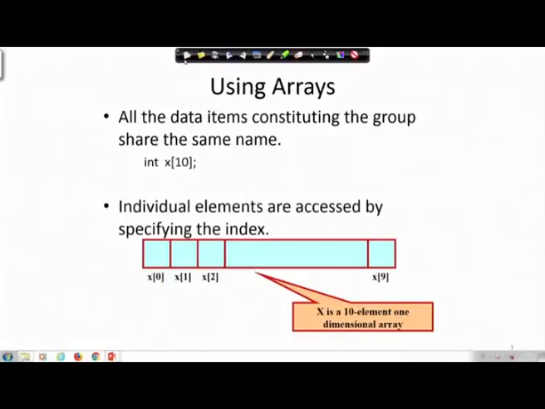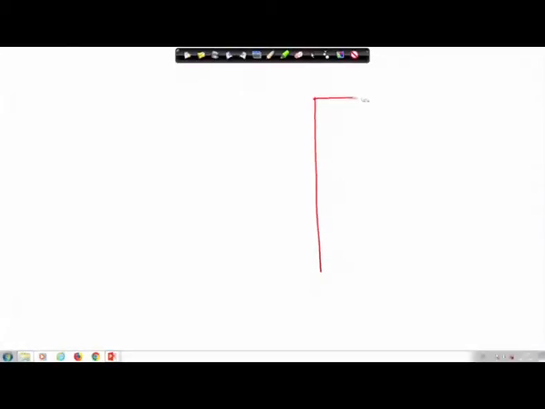There is a reason for that. Let me just briefly mention the reason. The reason would be this: as I said, in the memory the array is stored in a particular region.